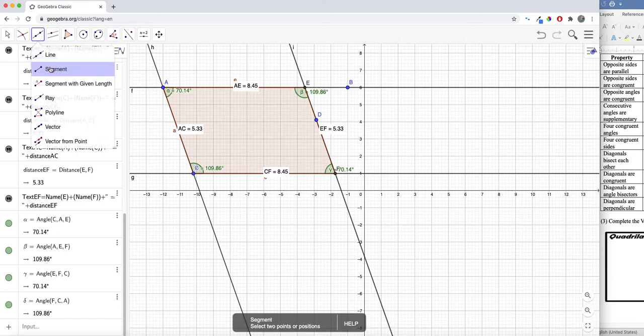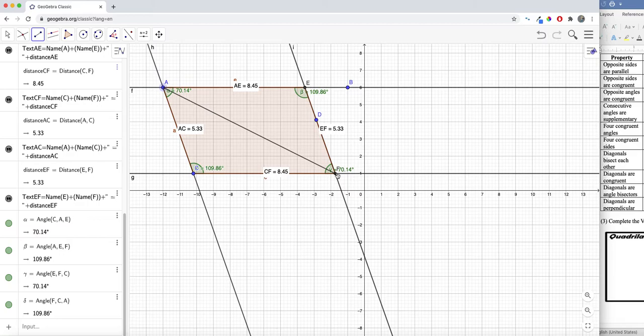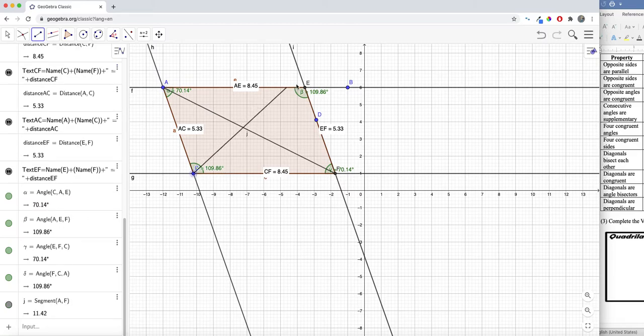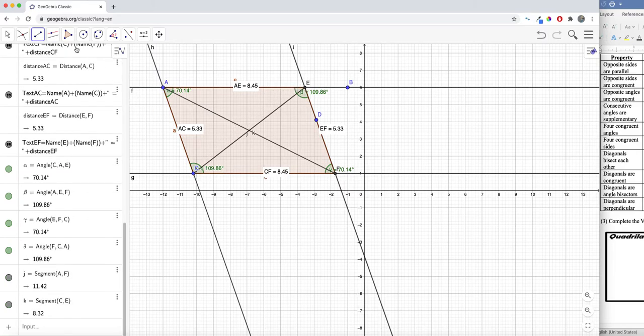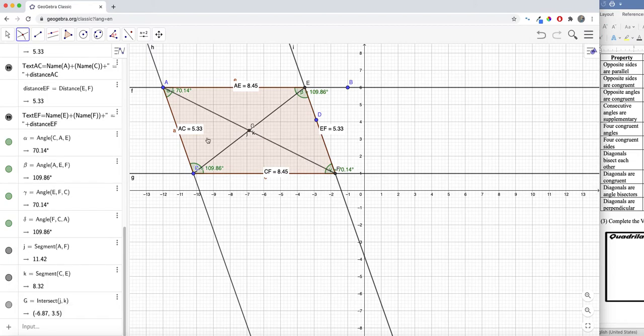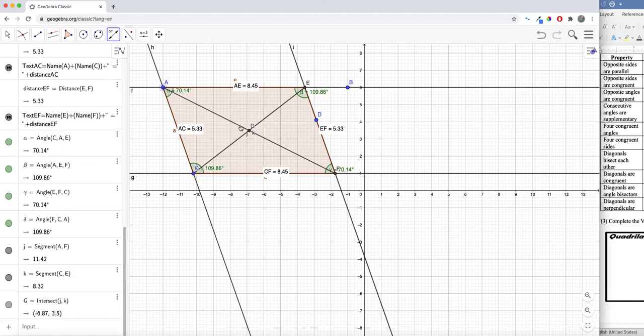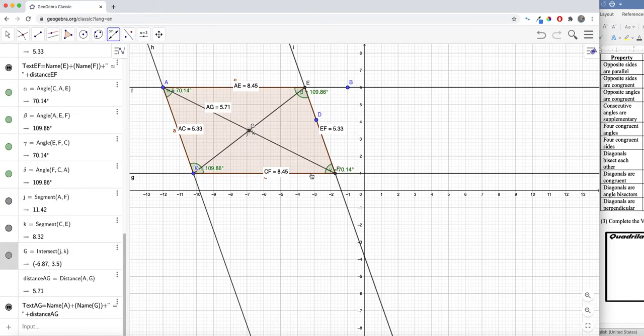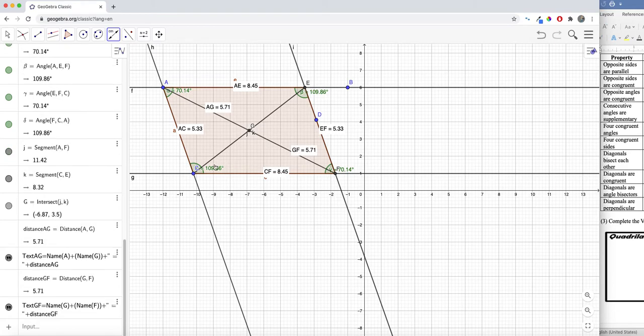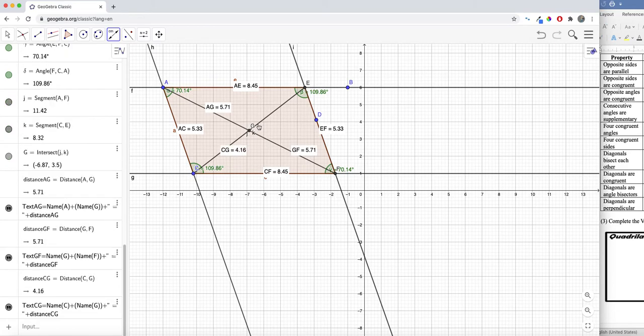I don't know, let's check that out. So we've got to construct the diagonals, and then I'm going to make an intersection point between this, this, and this, and we need to measure. So we're getting a lot of stuff on our page, but if they bisect, this should be congruent to this, and it is, and this should also be congruent to this.